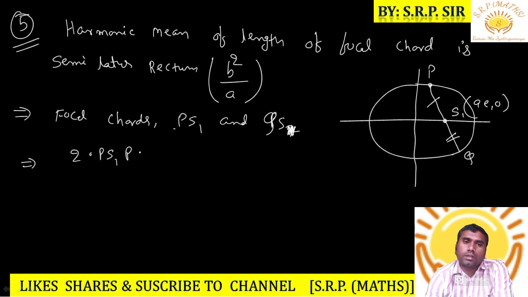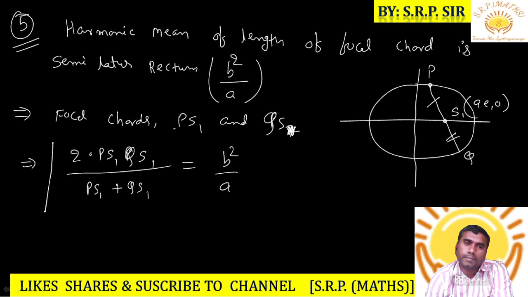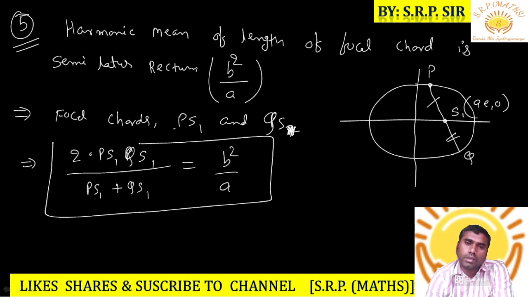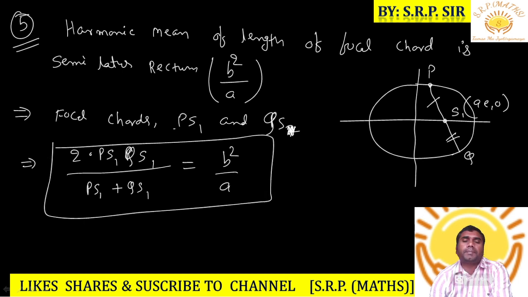So yes, 2 PS1 into QS1 divided by PS1 plus QS1. This is equal to nothing but b square by a. Or if you simplify it a little bit, we can write it this way also.